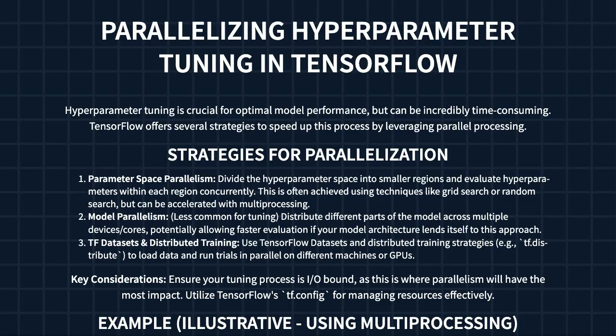Then there's the option of distributing parts of the model itself across multiple devices if your architecture supports it. And finally, leveraging TensorFlow datasets and distributed training to load data and run trials in parallel on different machines or GPUs. Remember, the key is to make sure your tuning process isn't bottlenecked by I/O. That's where you'll see the biggest gains from parallelism.